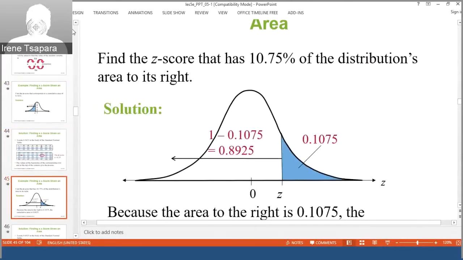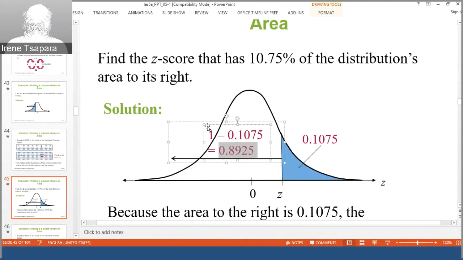Now, if I want to find a similar problem, find the z-score that corresponds to 10.75% of the distribution to the right, then I will subtract this number from 1, because the z-score table always works with the left side. I will find the corresponding number, that is 0.8925.